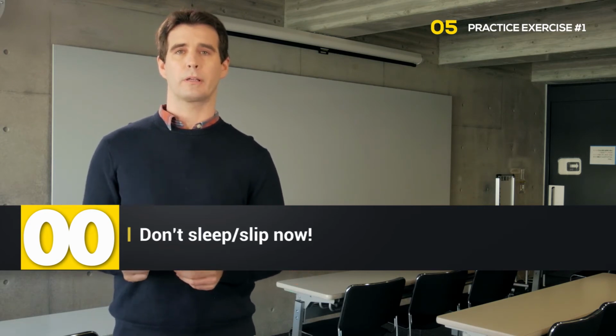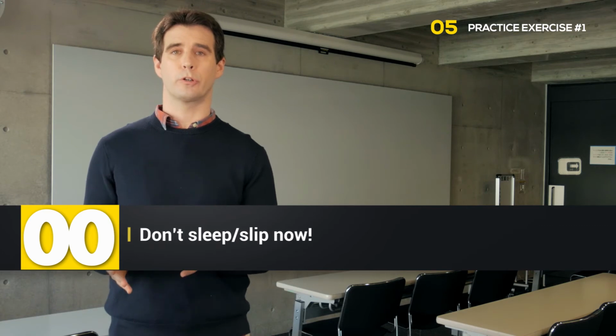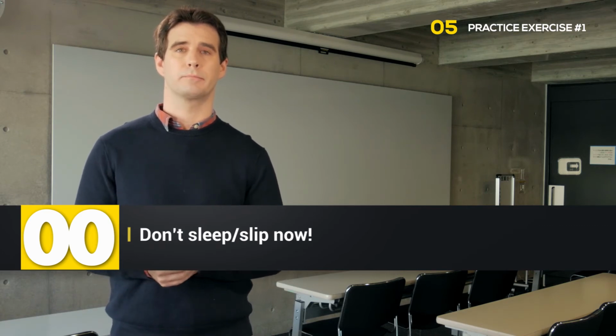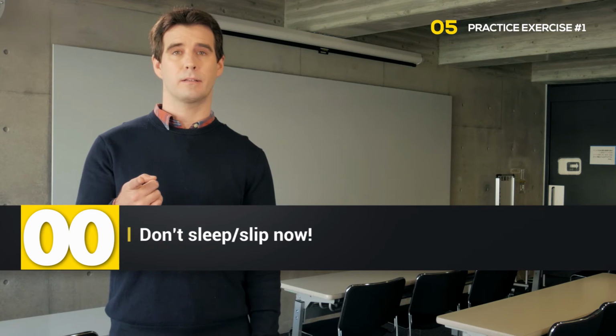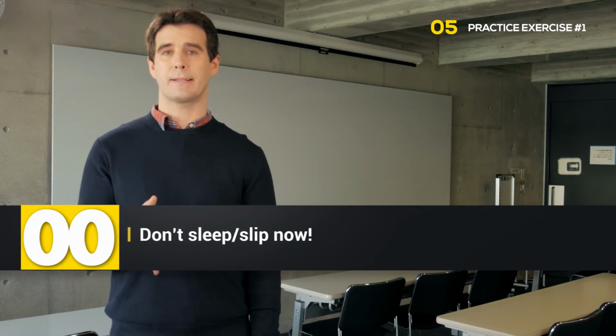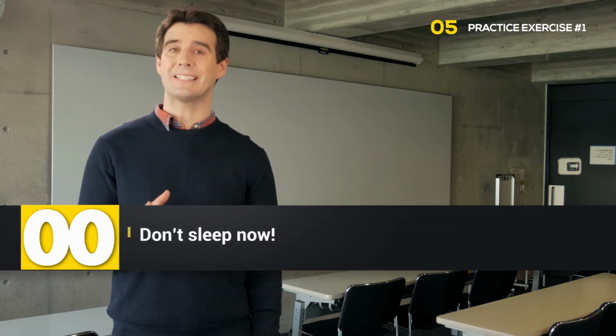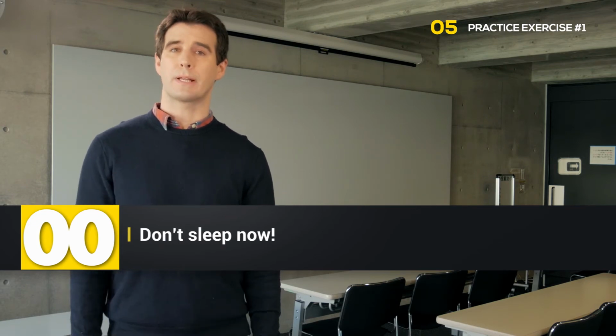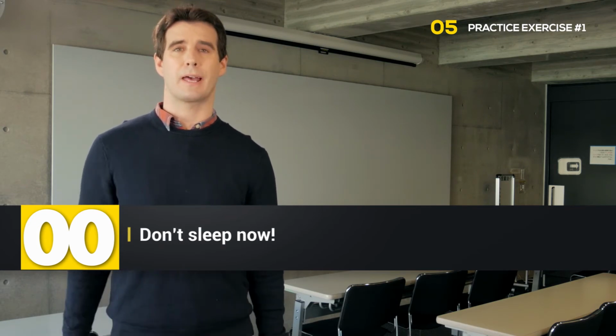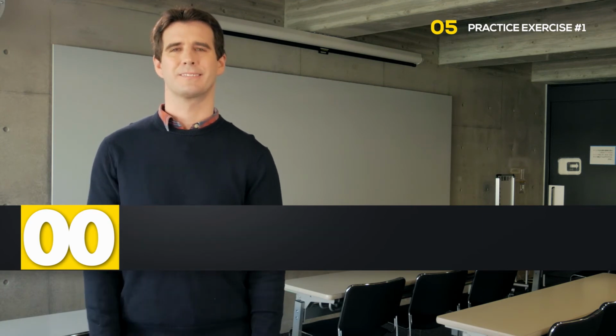Listen to the recording and circle which word you hear. Don't sleep now. Did you understand it? The correct answer is sleep. Okay, do the rest of the questions just like that. Good luck.